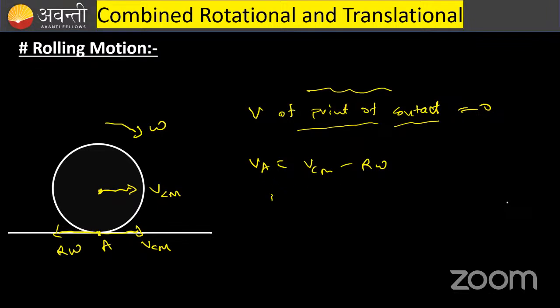So for rolling motion, this point of contact has no velocity.